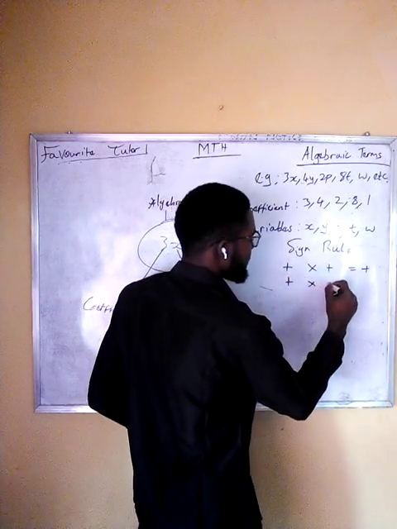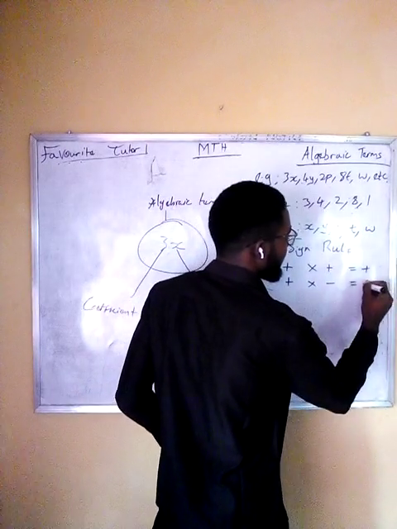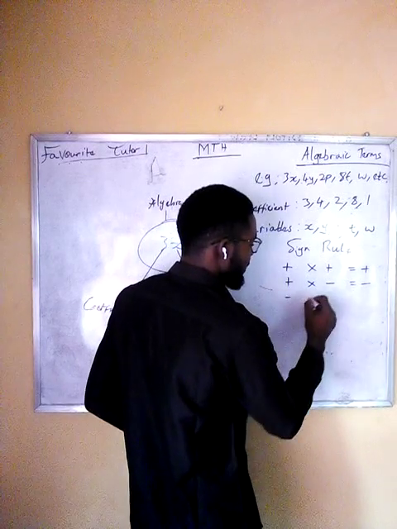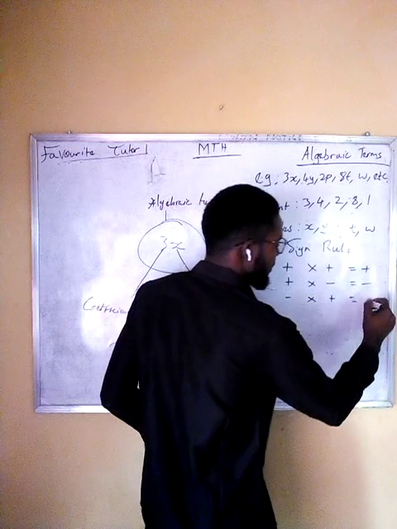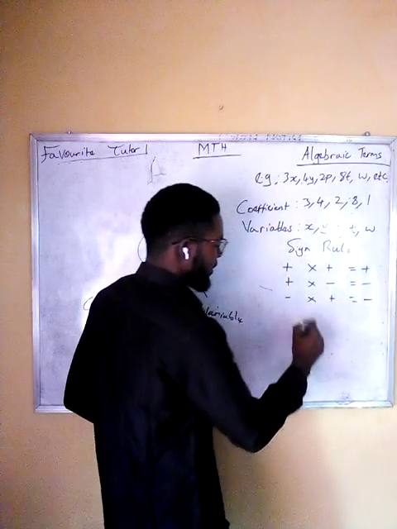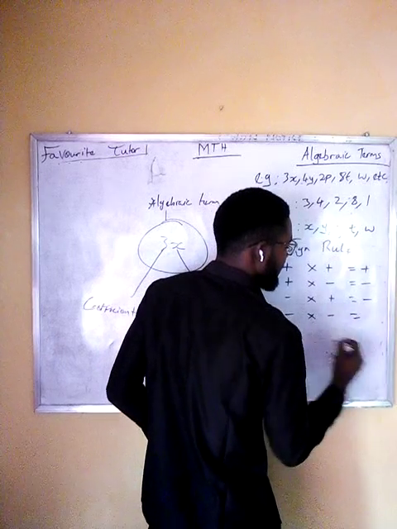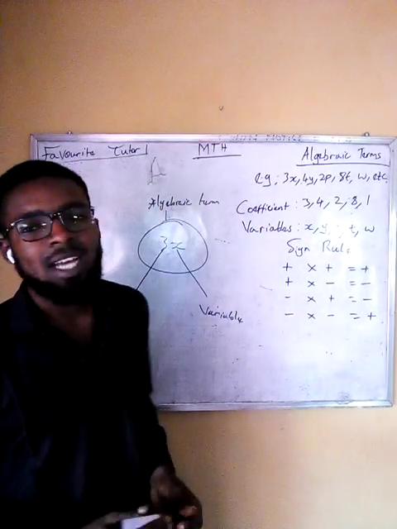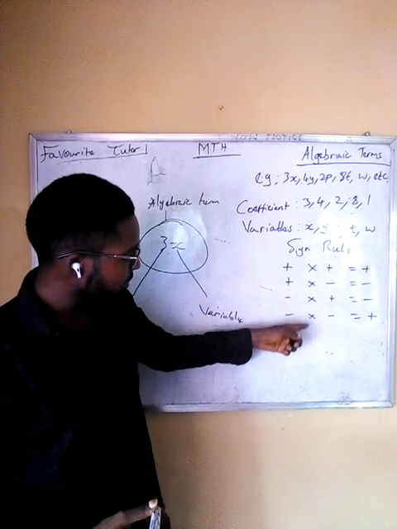Plus times minus is minus. Minus times plus is also minus. Then minus times minus is plus. These are the sign rules for multiplication.